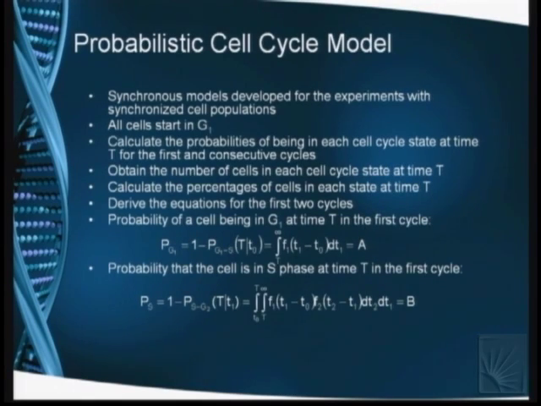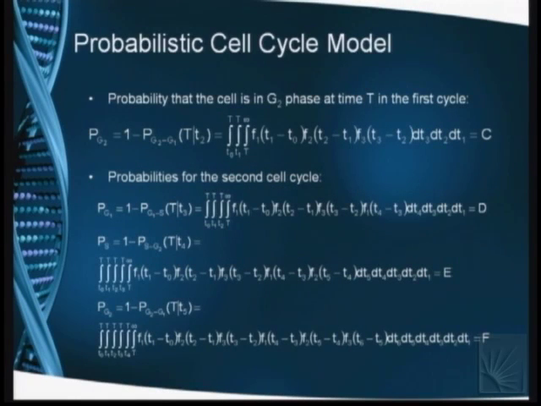The integral would be from T1 to capital T if you're looking for the jump probability, and if you take 1 minus that, you are looking at the probability of that cell to stay in S phase. Let's call it B to represent the S phase in the first cell cycle.